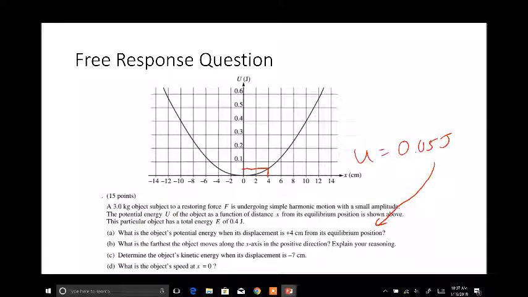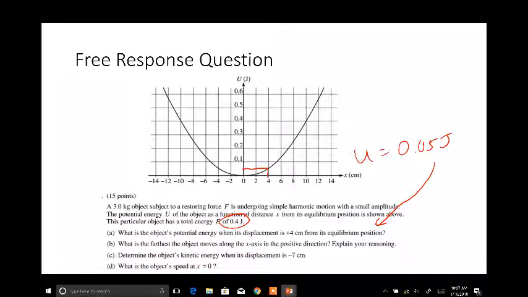Now some of you are going to be tempted to just see where the graph seems to end, somewhere around 13. You're going to write down 13. But remember, the total mechanical energy of the system can't exceed what we started with, which is 0.4. At that maximum displacement, all of that mechanical energy is going to be elastic potential energy.